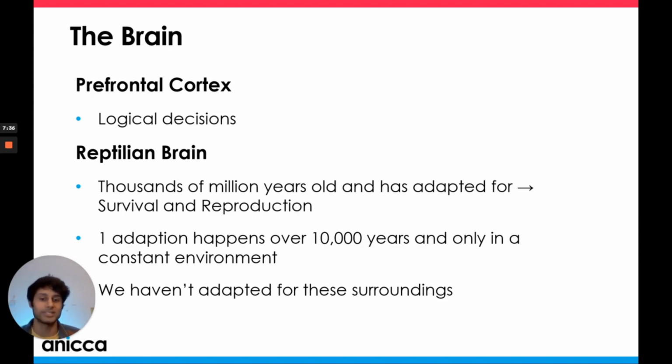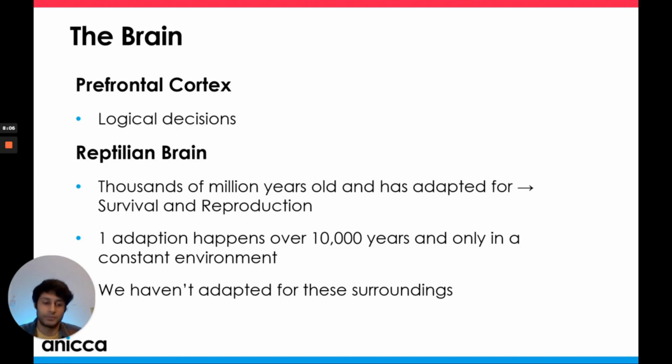One adaptation happens over 10,000 years and only in a constant environment. And we haven't adapted for these surroundings because we're not in a constant environment, because we want to improve on everything. An iPhone comes out every year. Everything around us changes, and gets a bit more efficient, a bit easier.